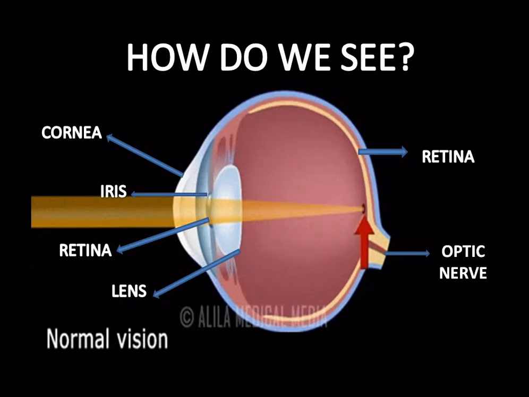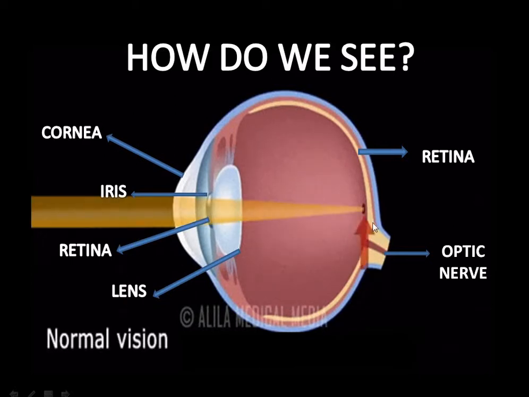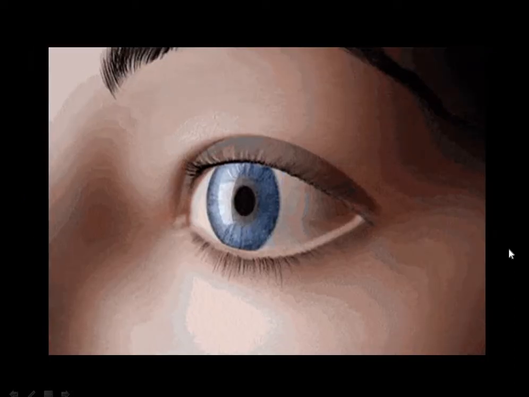Okay. So you can remember again, this colored part is iris and the light is entering through the pupil, and the image is falling on the retina and then this optic nerve is sending the message.